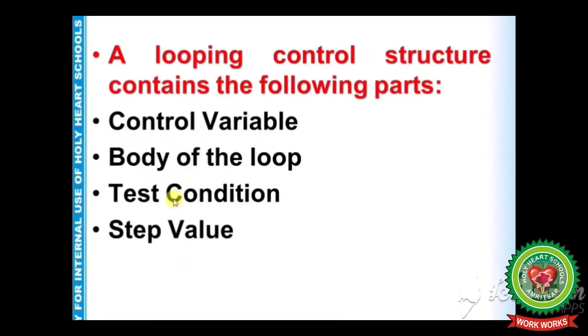Next is the test condition. The test condition checks whether the loop has to be repeated or terminated depending on the condition. Control enters into the body of the loop and executes till the condition becomes false. The last is the step value. It determines the increment or decrement of the control variable.